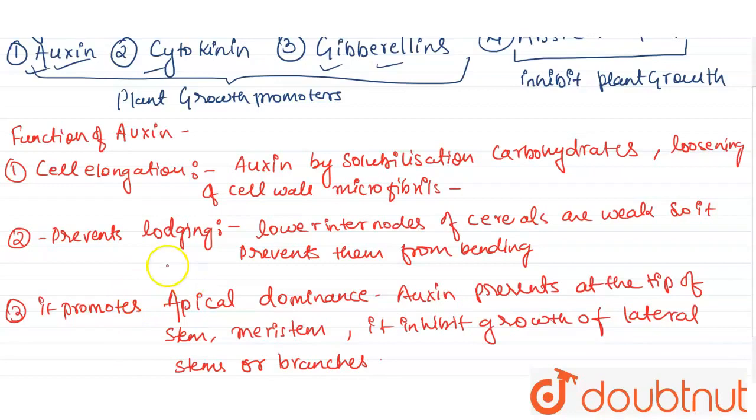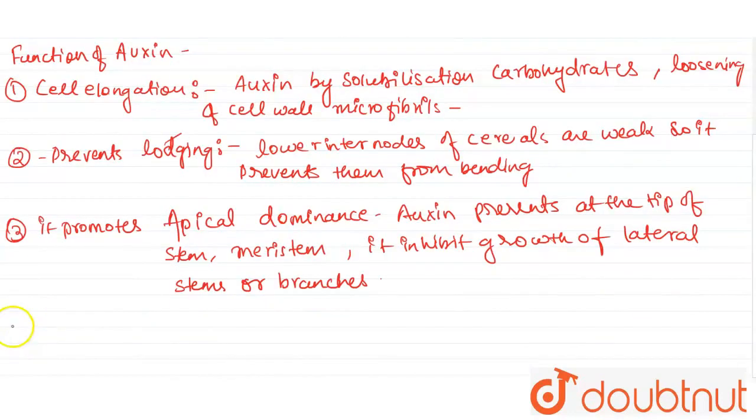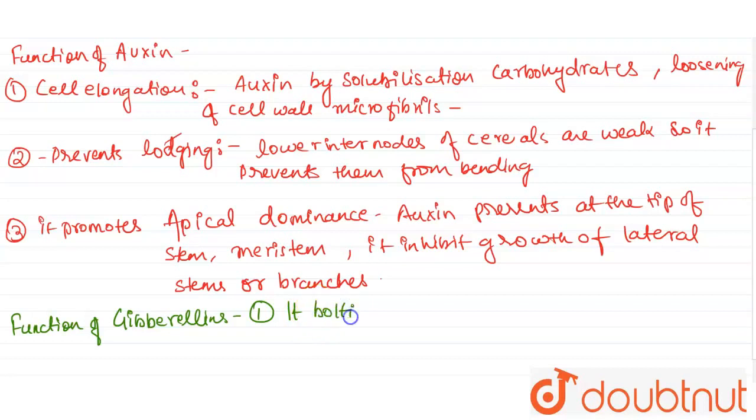Now the second hormone we will take is gibberellin. Here we will talk about the functions of gibberellins. The first function of gibberellin is that it helps in bolting. What is bolting?